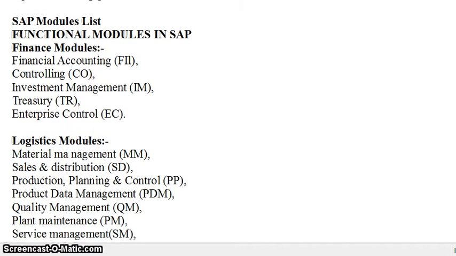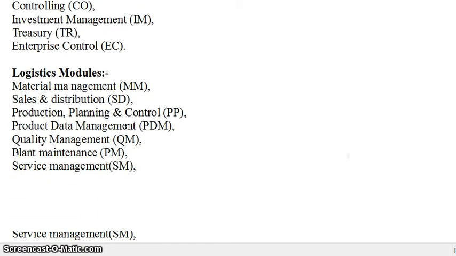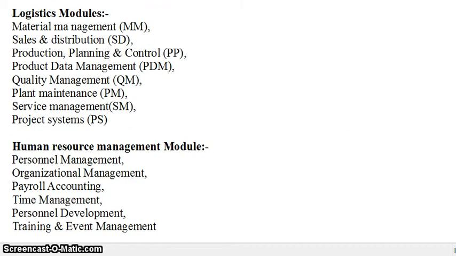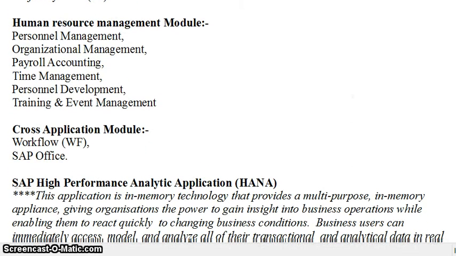The first set of modules in SAP are your financial modules, which include financial accounting, controlling, investment management, treasury, and enterprise control. Your logistics modules include material management, sales and distribution, production planning and control, production data management, quality management, plant maintenance, service management, and project systems.